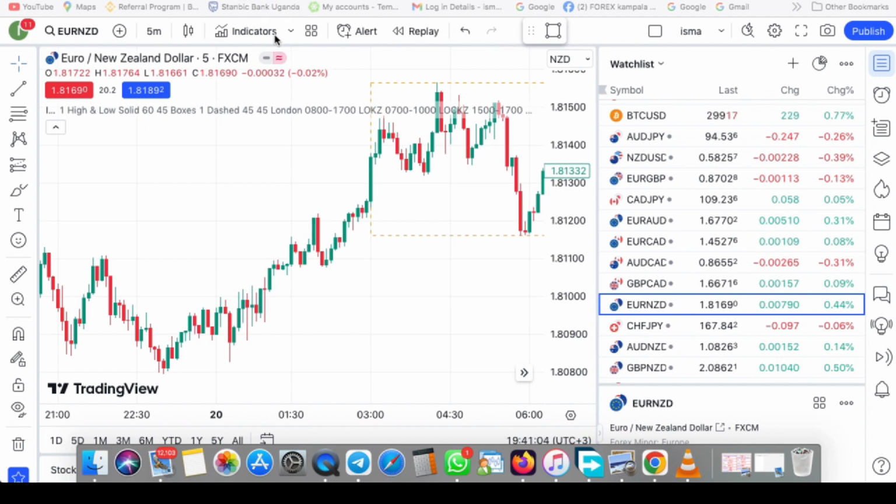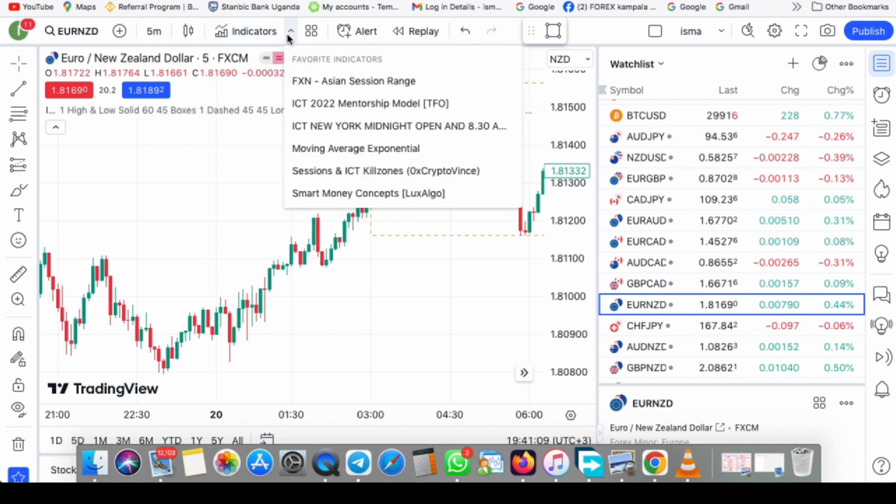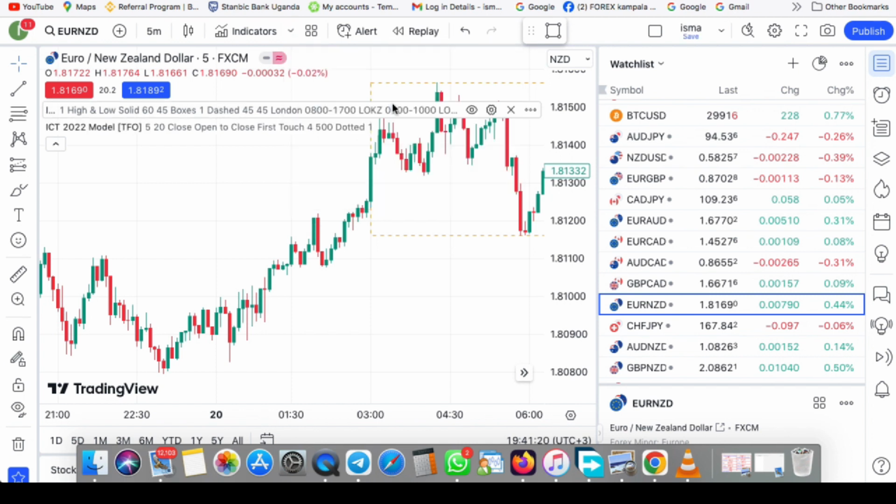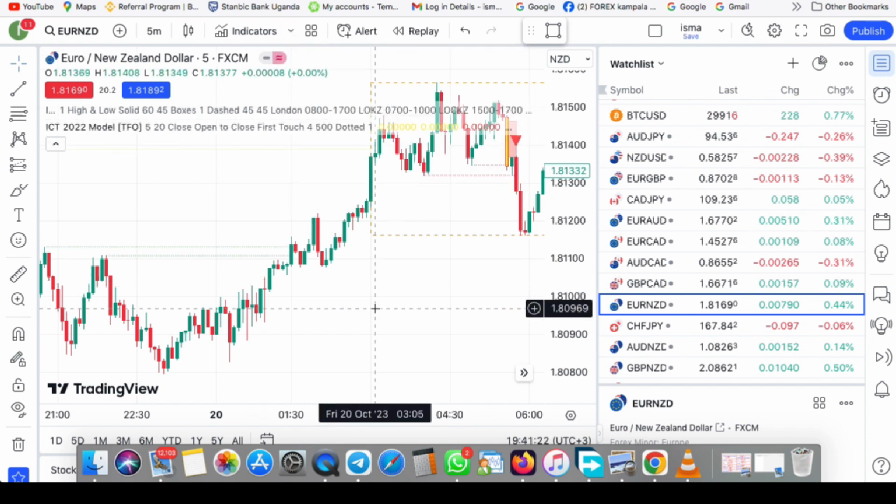Once we put this indicator, you also need to put an indicator that helps you identify the Q zones, and the indicator is none other than the Sanctions and ICT Q zones, Vicent 139.